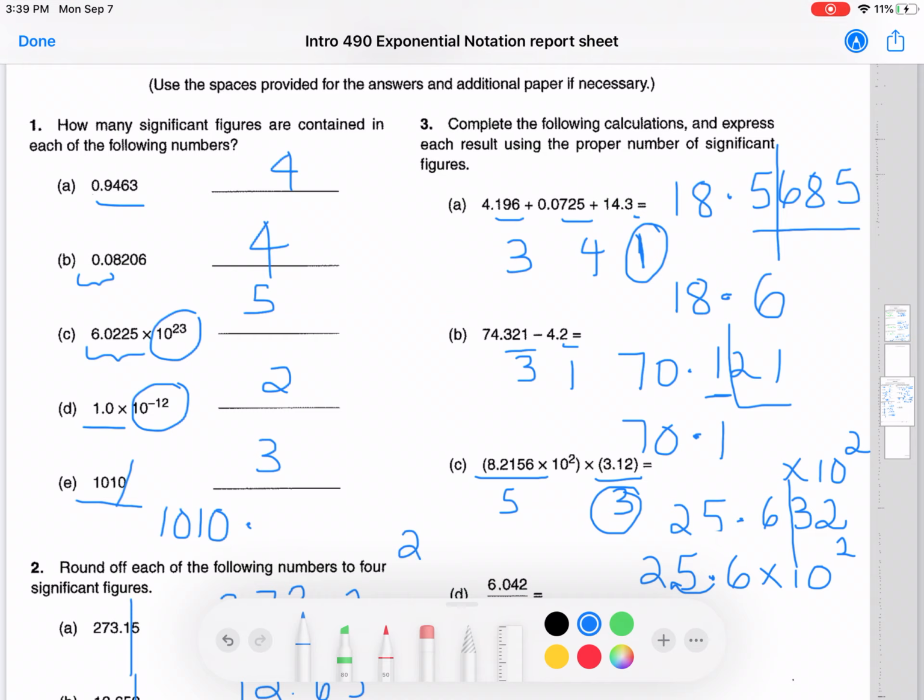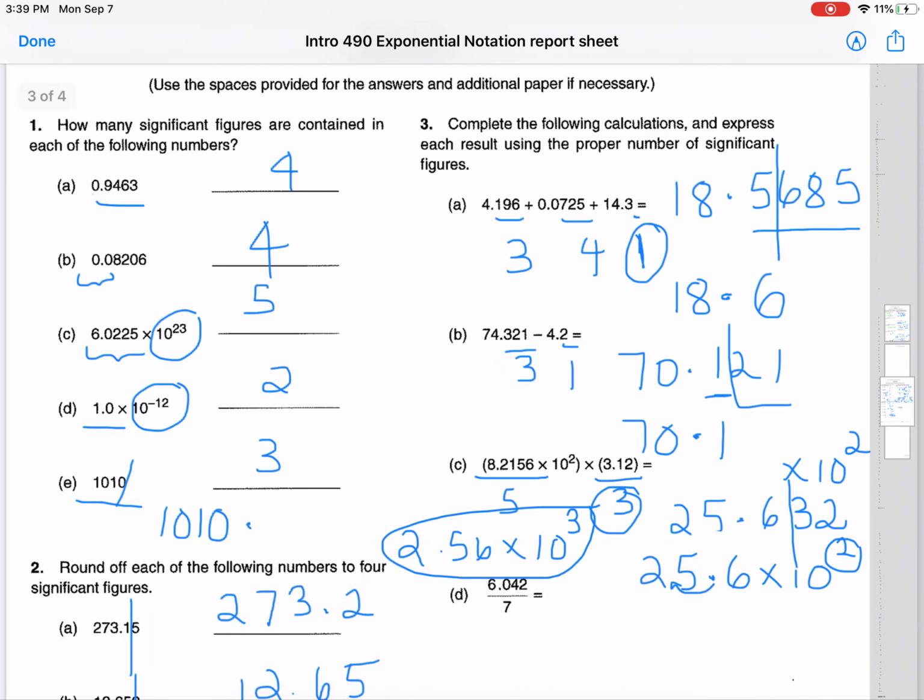So that will make it 2.56. Since you move the decimal one place to the left, that adds 10 to the power 1. And that 10 to the power 1 and this 10 to the power 2 will make it 10 to the power 3. So the answer would be 2.56 times 10 to the power 3. We keep the answer in 3 significant figures.